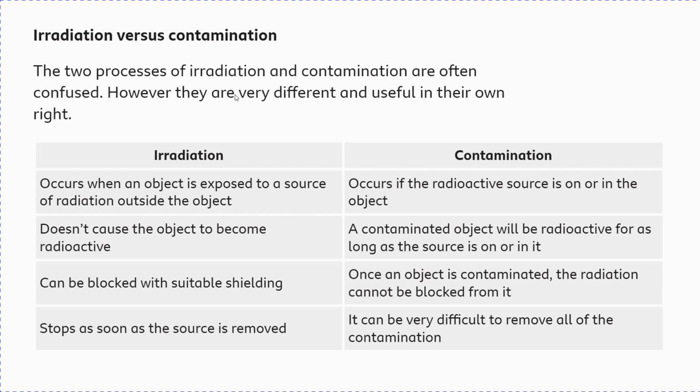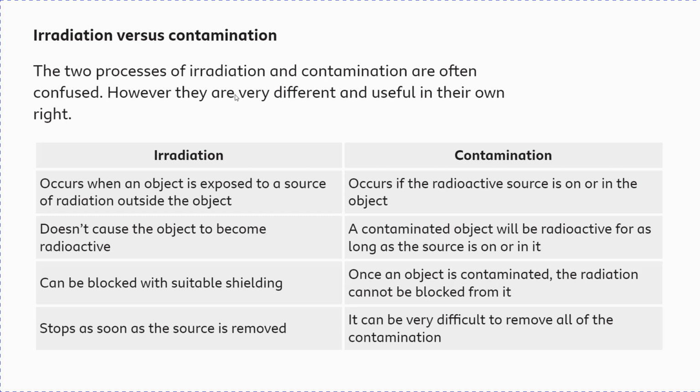Contamination is when the actual source itself is on or inside an object, so it's either on my skin or it's inside my body, and the contaminated object will be radioactive, so I will become radioactive for as long as that source is on my body or inside my body. Once it's contaminated, the radiation can't be blocked from it, and it's very difficult to remove all of the contamination.